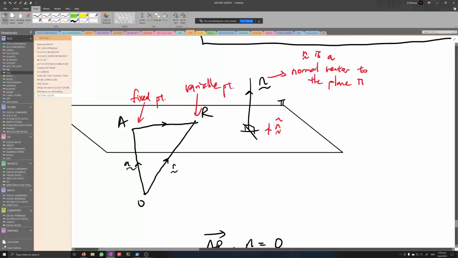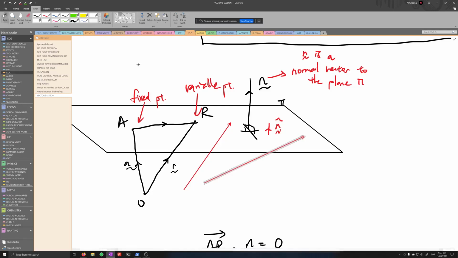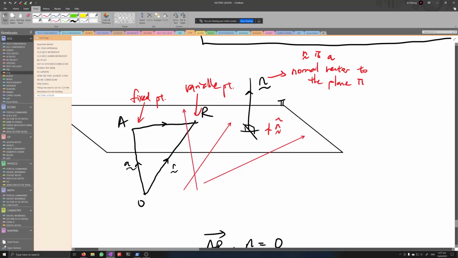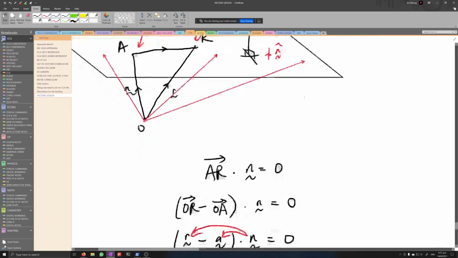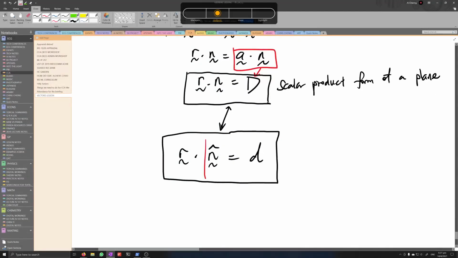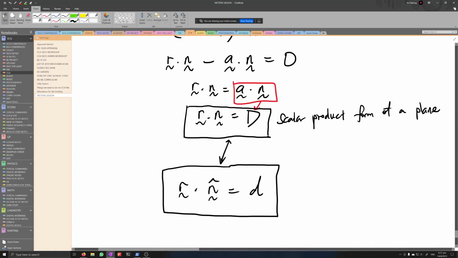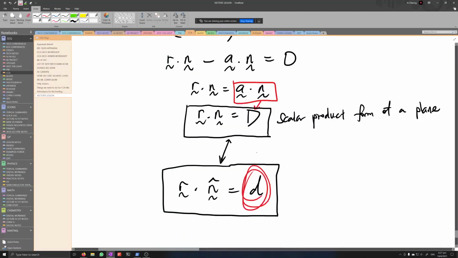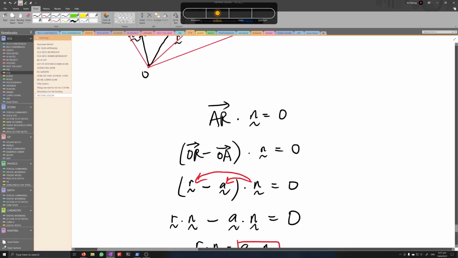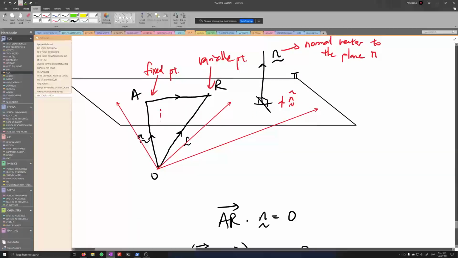We find the collection of all the possible lines such that when we dot them onto the unit vector of the normal, it will always give us the same distance. So the special property with this equation is that now this small distance d represents the orthogonal distance from the origin to the plane.